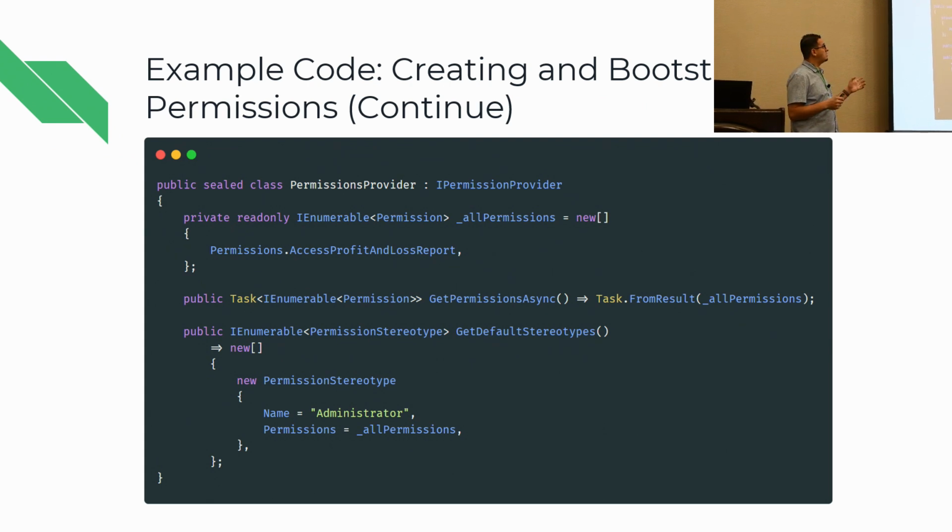So if this is part of a module that I'm working on, when that module or feature is enabled, the admin will get access to the AccessProfitAndLossReport automatically. None of the other roles will, though. You can still go through the UI and change that and say, hey, I don't want this role to have it, or maybe I want a specific role to have the same permission. But this is just a default.